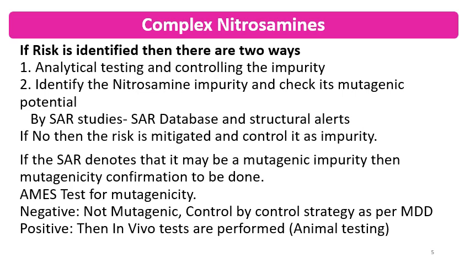Now, if the structural activity relationship or SAR denotes that it may be a mutagenic impurity, then its mutagenicity confirmation is required. And for confirmation of mutagenicity, the first step is to conduct the Ames test, which will give you the information about the mutagenicity.